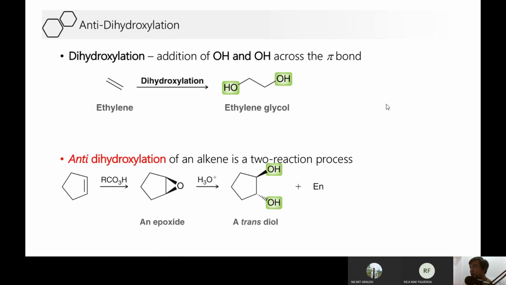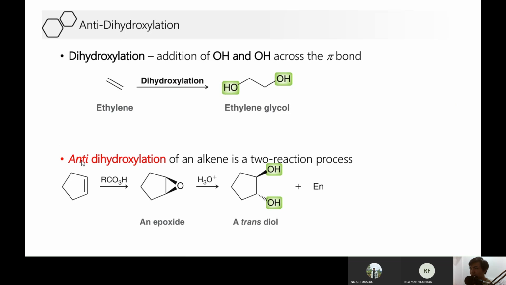For example, if you want your ethylene to be ethylene glycol, it should undergo a dihydroxylation process. So, dalawang OH yung ibibigay natin sa kanya. Hindi pwedeng water kasi OH lang, hydration yung mangyayari. So, kapag dalawang OH yung ibibigay mo, tawag doon dihydroxylation.